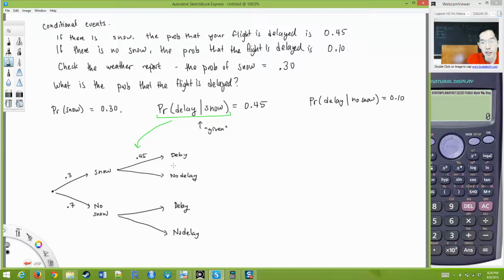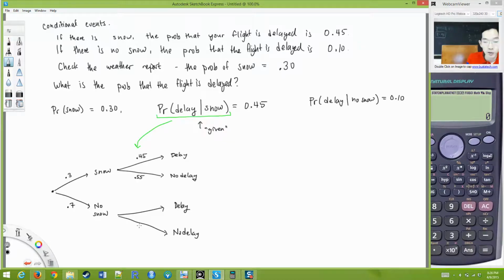No delay. 0.55, okay? It has nothing to do with this one over here, because we're just dealing now in the world of snow, okay? This side down here on the bottom is not possible because it has now snowed. So now there's either going to be a delay or no delay, and so it's going to be 0.45 and 0.55. Again, the different branches have to add up to 1.